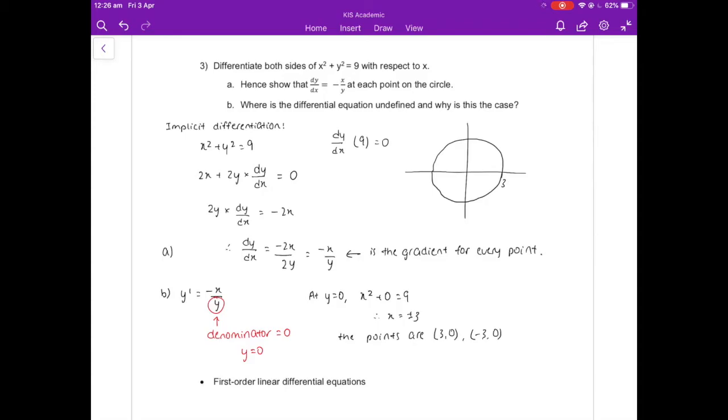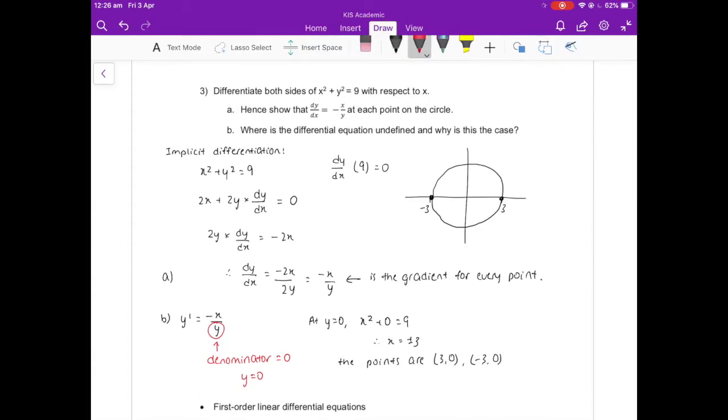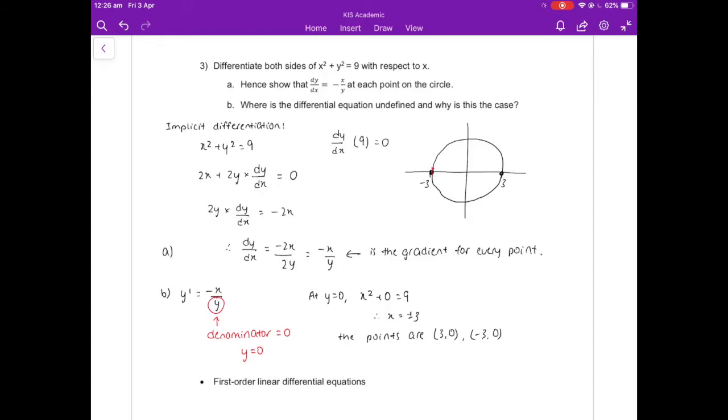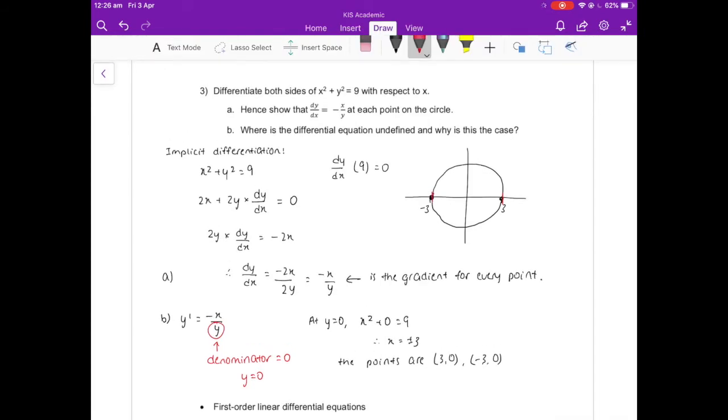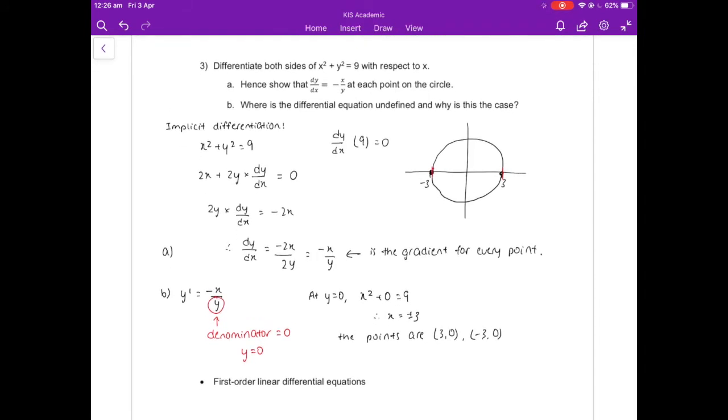So at those 2 points, (3, 0) and (-3, 0), the tangent or the gradient at that point is indeed vertical, which is why when we put it into y' equals minus x over y, the answer is undefined. So I'll say that they have vertical gradients, therefore dy/dx is undefined.